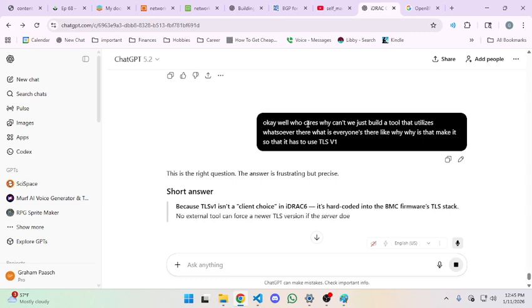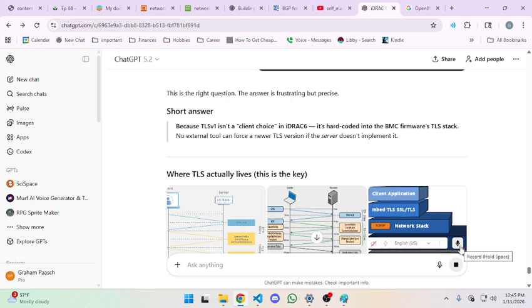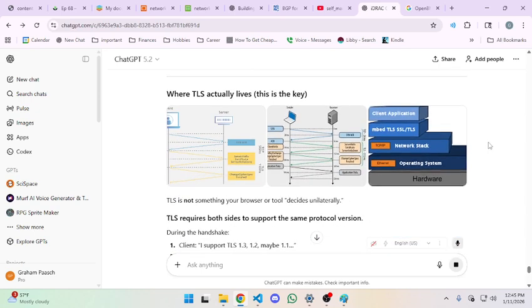Yeah, this really isn't a client choice. It's hard coded into the firmware's TLS stack. Okay, well we can't change the hard coding.